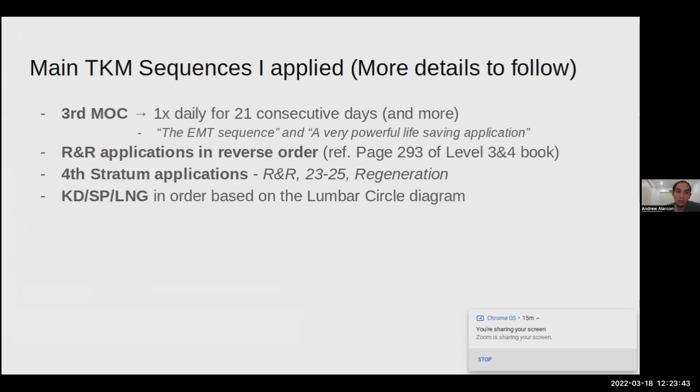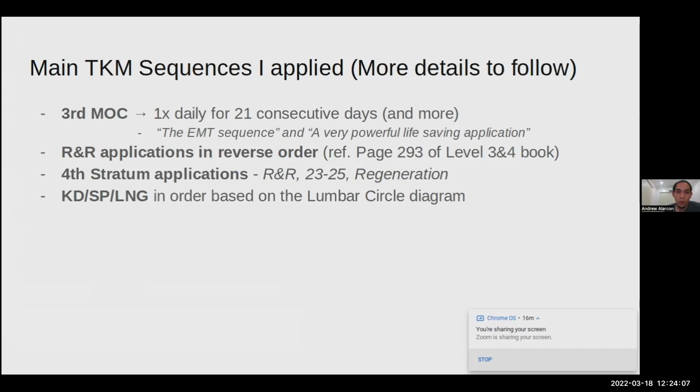R&R stands for revitalizing and redirecting the energy of a stratum. So there's one for each stratum. There are 5 stratums that we're working with. So you have R&R first, R&R second, R&R third, fourth, and fifth. Okay. So this one in particular, we apply it in reverse order.